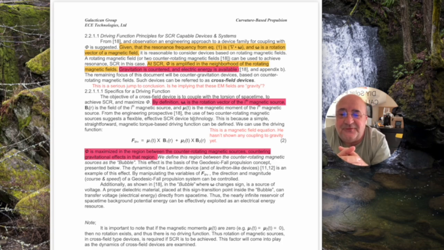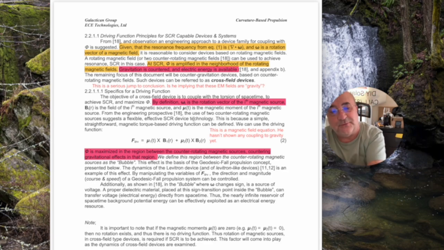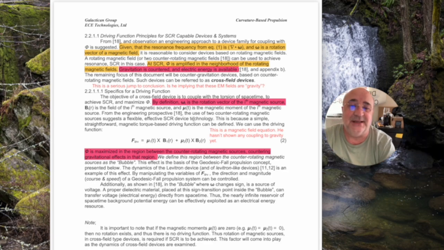So he's saying that phi is maximized in the region between the counter-rotating magnetic sources, countering gravitational effects in that region. This is not true. If you have two counter-rotating homopolar motors with the magnets and magnetic moments facing in the same direction, you'll get one where the voltage difference from the center to the edge is positive, and the other where it is negative.